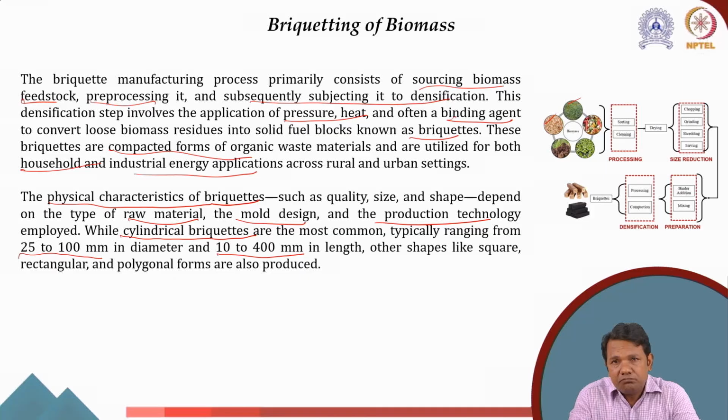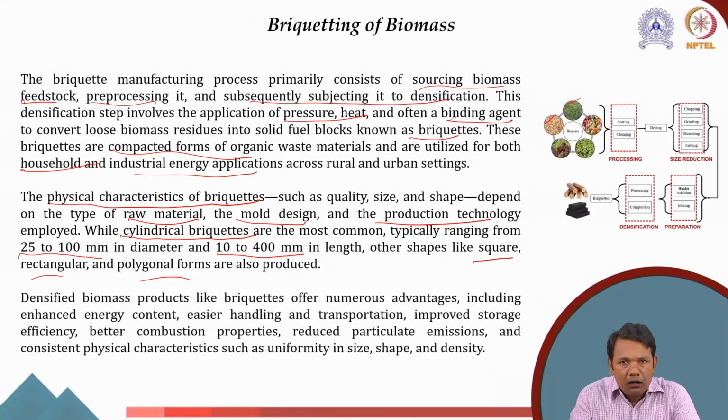Besides that, other shapes, for example square, rectangular and polygonal forms, are also produced. So briquettes can be of different shape and size, but mostly they are cylindrical, with a diameter of 25 to 100 millimeters and length of 10 to 400 millimeters, depending on the manufacturer and the end user or the buyer.